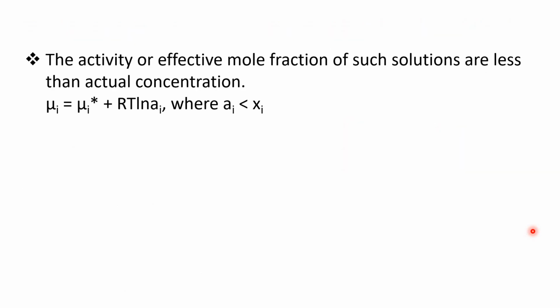Now, the activity, or effective mole fraction, of such a solution is less than the actual concentration. See here, the chemical potential of the component of such a solution is given by the chemical potential in the standard state plus RT ln activity. Here the activity is less than the actual mole fraction.